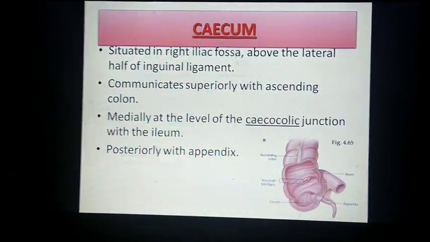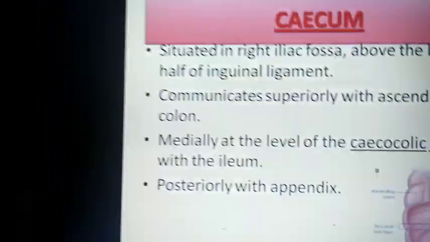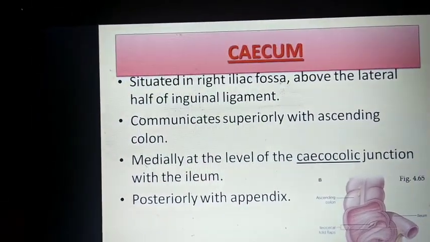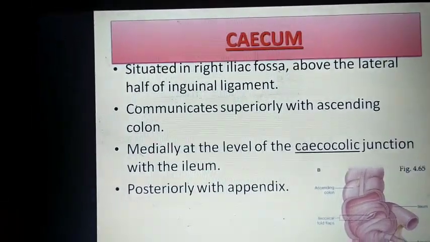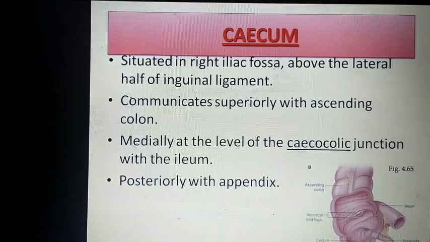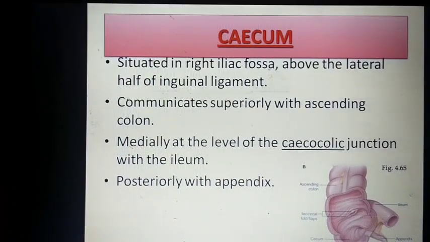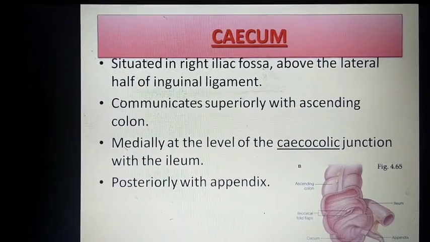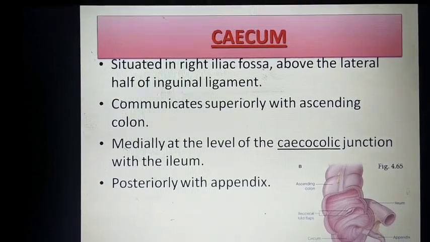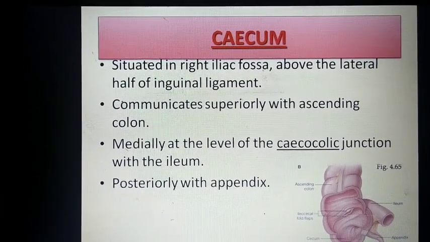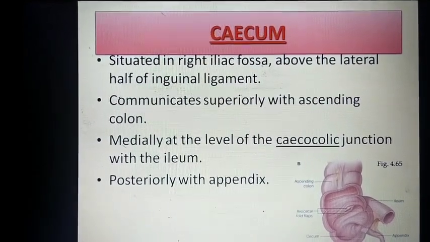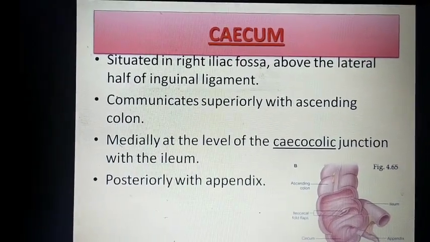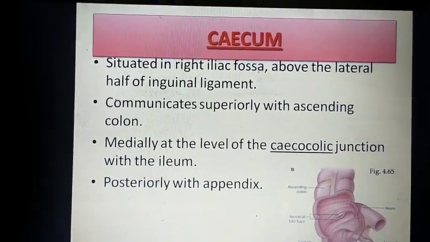Now we can go for the anatomy of the cecum. The cecum is said to be a blind pouch of the large intestine. From this blind pouch, it is connected to the jejunum and ileum of the small intestine and continues as the large intestine.